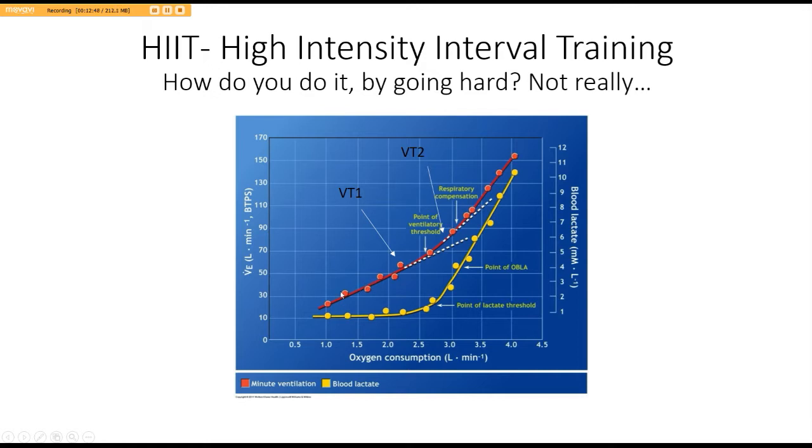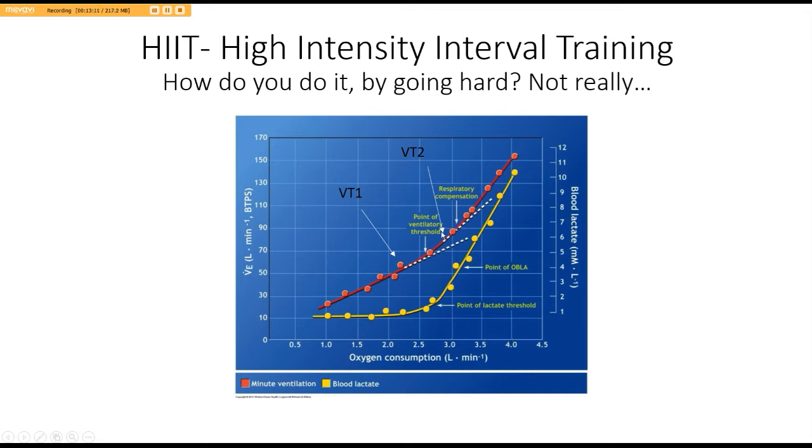So these break points identify different training intensities. Generally speaking, high intensity interval training can only be performed above this second ventilatory threshold. So at intensities for this individual of about 2.8 litres per minute and above.